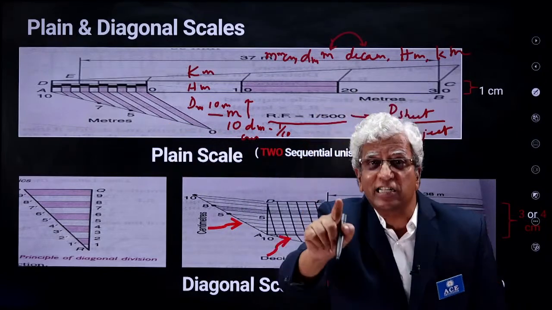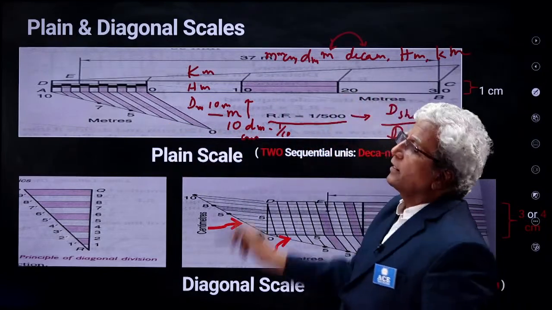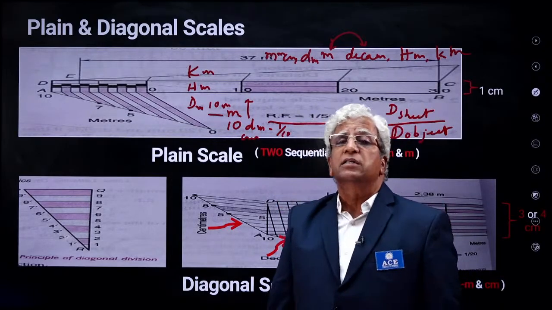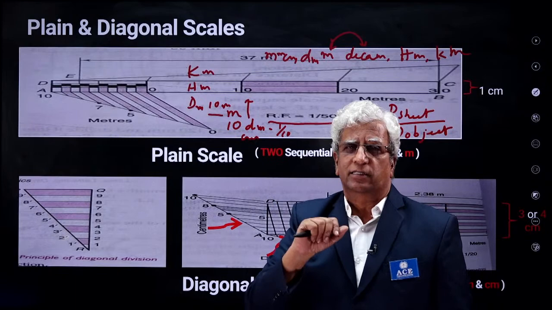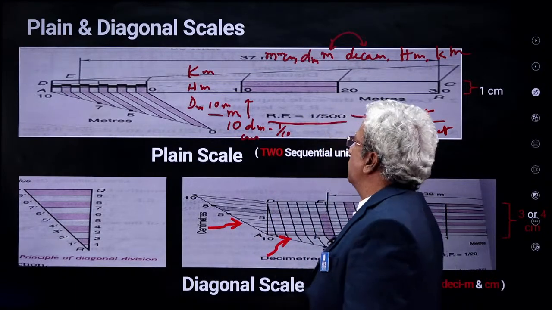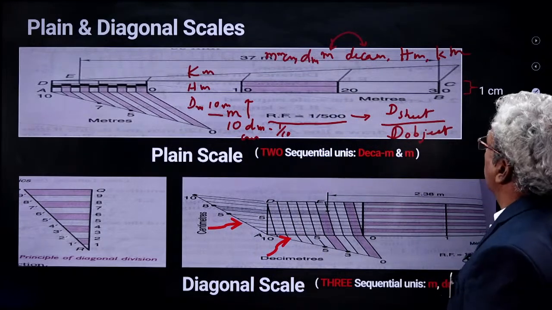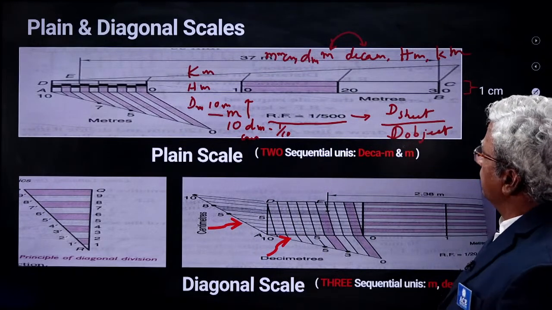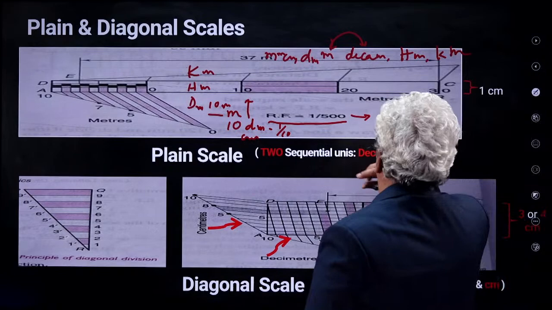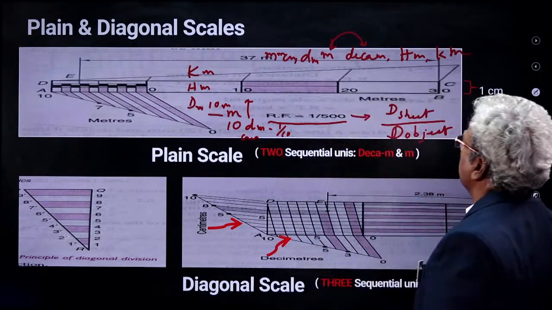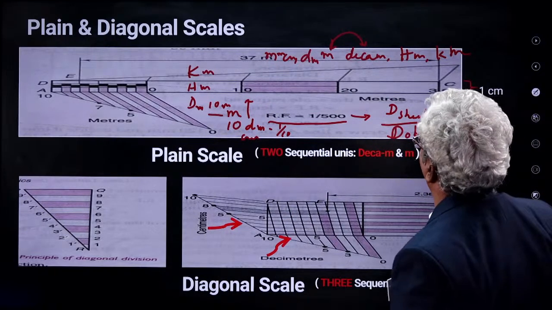If there are sequential units, you go with, that is the measure requirement. The measuring requirements involve only sequential units. Then you go for a plane scale. Okay. For example, this scale represents measurement in meters and the units are 10 meters, that is decameters.